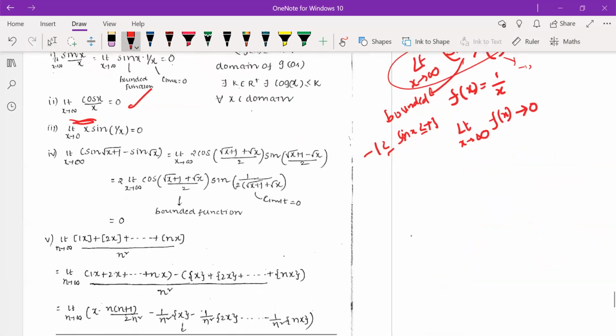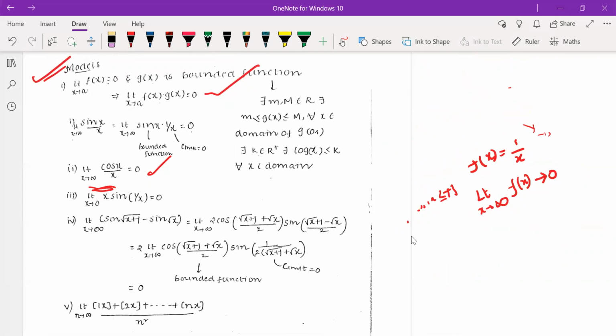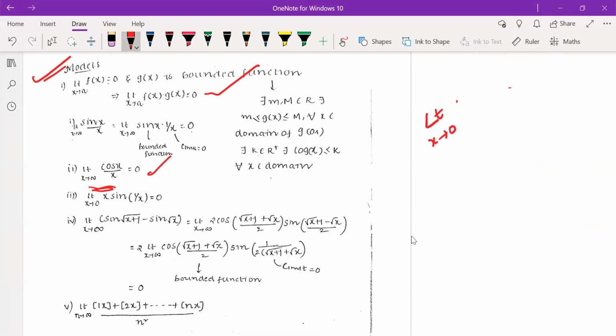Now consider this one. Limit x tends to 0 of x into sin of 1 by x. As I have already mentioned, the function need not exist at that point for the limit to exist. This function is not defined at x equal to 0 because 1 by x is not defined.